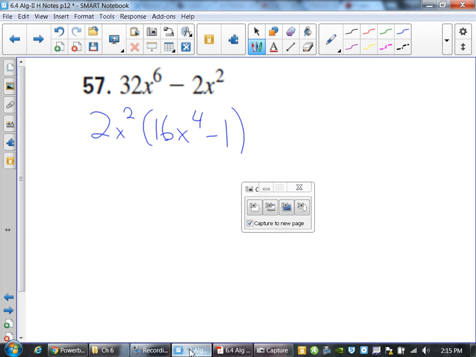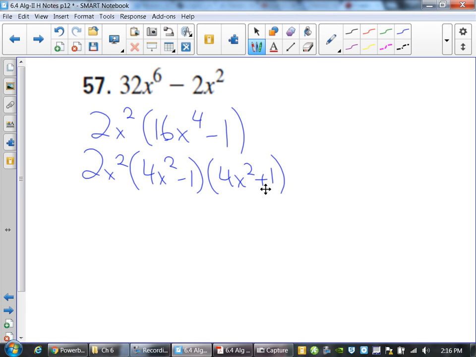First term a perfect square? Yes. Last term a perfect square? Yes. Subtraction sign. Okay, 2x squared times 4x squared minus 1 times 4x squared plus 1. Can I go further on any of those? Yes. Which one? 4x squared minus 1 becomes 2x minus 1, 2x plus 1, and 4x squared plus 1.